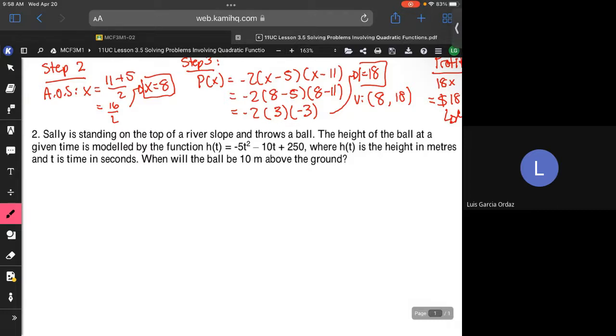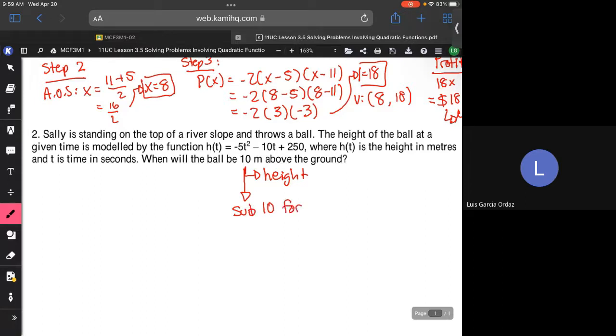It is asking me when will the ball be 10 meters above the ground. So we're not looking for a maximum height right here. It's asking me when the ball will be 10 meters above the ground. So does this represent my time or my height, these 10 meters? Height. So we're going to sub 10 for h.